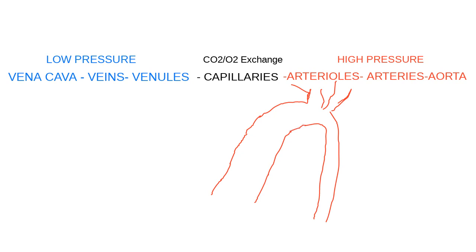Let me use my pointer. This portion up here would be the ascending portion of the aorta, and this portion down here would be the descending. This portion on this side is where it originates from. So the left ventricle contracts and pushes the blood up into this area. It goes over the arch, and then it goes up and goes down.